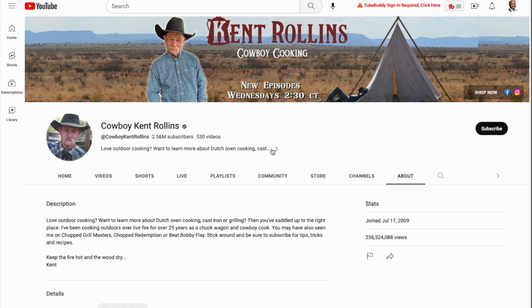I don't know how many characters that is, but whatever that is, make sure you're putting something there that will give people a reason to click this arrow or go to the About tab. Either way, it'll take them to the same place, so that it gives them a reason to click to get more information. So be strategic about that and make sure you optimize this description with some keywords that will make you come up when people are searching for the type of content that you provide.